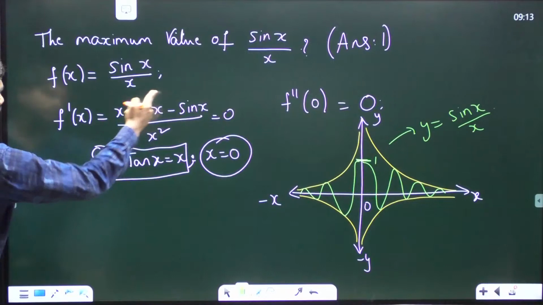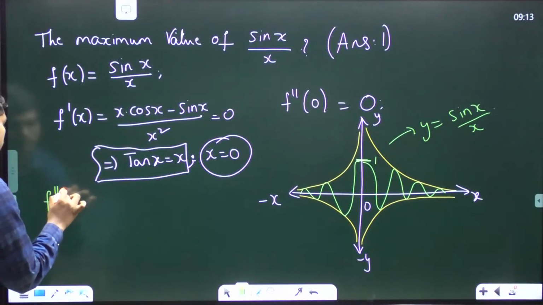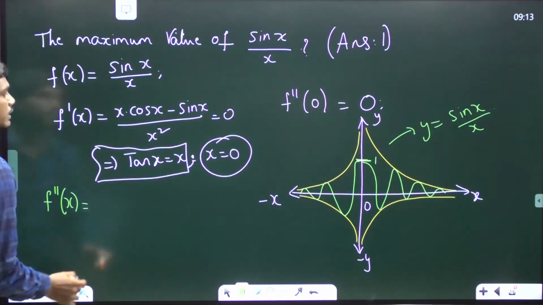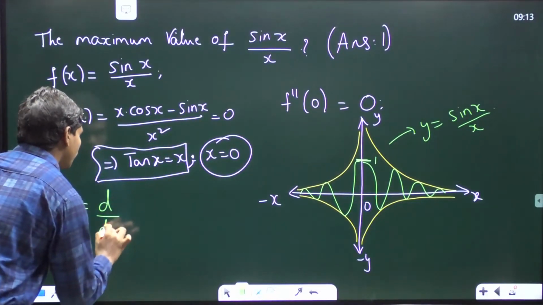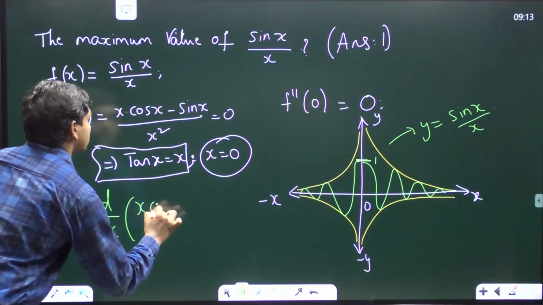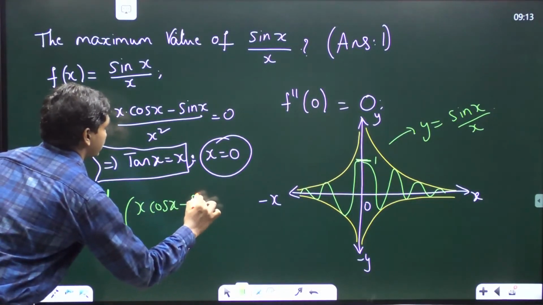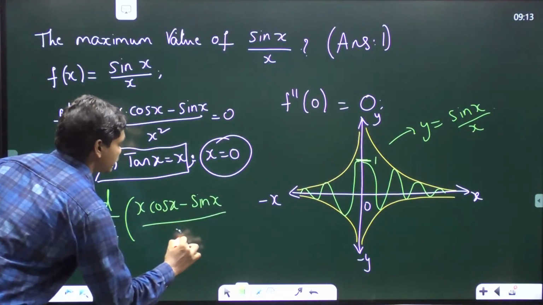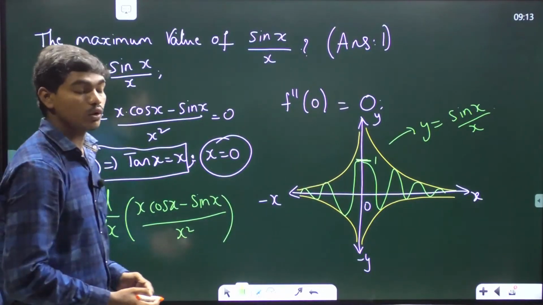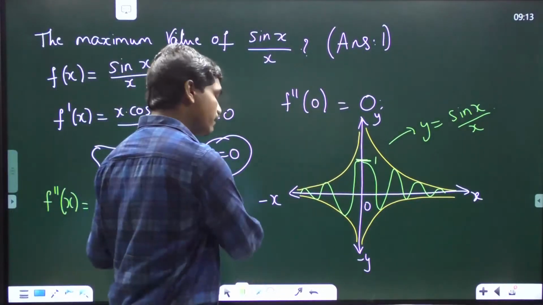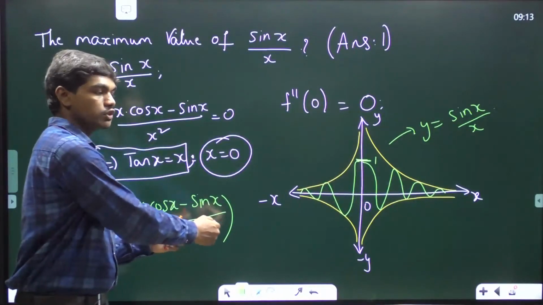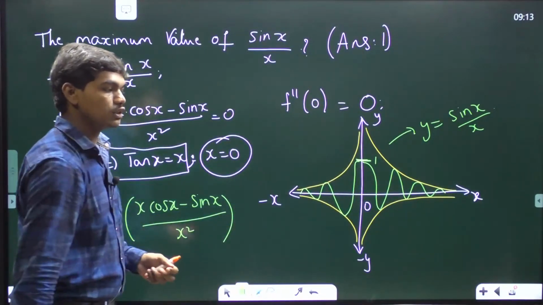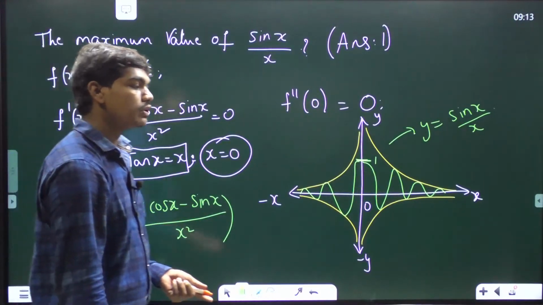Now, this is f of x. Try to calculate f double dash of x. If you calculate f double dash of x, you need to differentiate this particular part, d by dx of x cos x minus sin x divided by x square, with respect to x. If you differentiate this using the u by v rule and substitute x equal to 0, you will again get 0, which means you can't define it. How did you define the range?